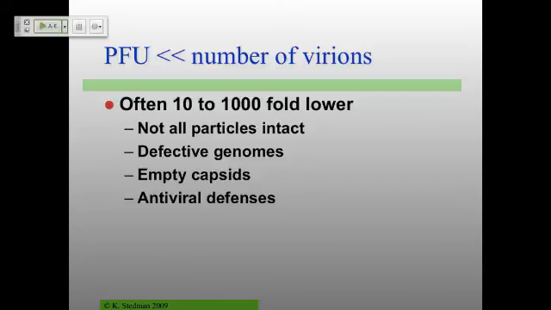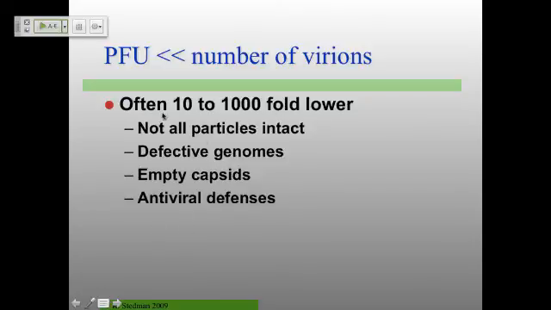They're often just counting numbers of genomes. They're counting numbers of particles. And so I think you have to be very careful about thinking about exactly what you have and what's there. It's a lot easier to count particles. It's a lot easier to count genomes, particularly with quantitative PCR, but that doesn't tell you if you actually have infectious particles.